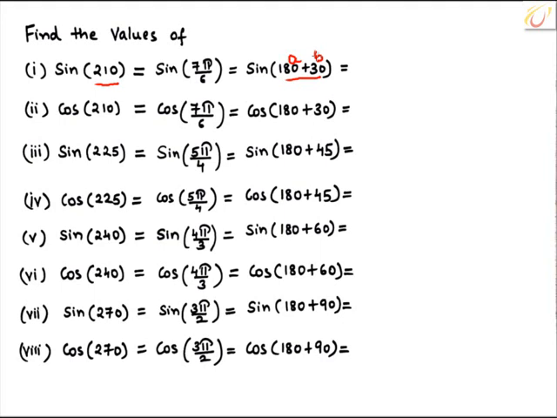Now let us look at the solution. You should have got sine 210 as minus half, cos 210 as minus root 3 upon 2, sine 225 as minus 1 upon root 2, cos 225 as minus 1 upon root 2, sine 240 as minus root 3 by 2, cos 240 as minus half, sine 270 as minus 1, cos 270 as 0.